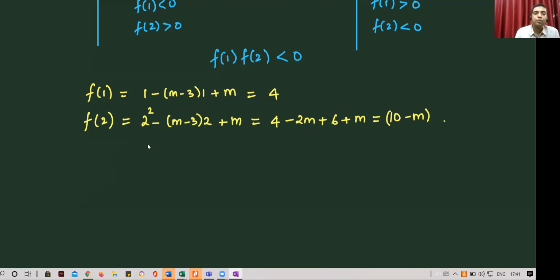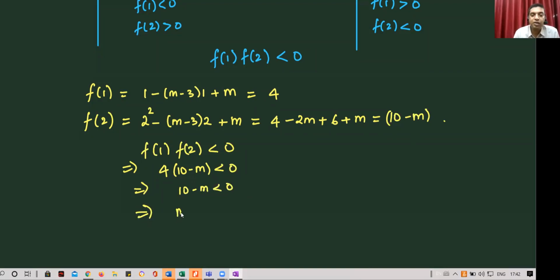So product of roots is negative. Sorry, not product of roots. Product of these two values is negative. So you get 4 into (10 minus m) is negative, which implies, 4 you can remove because it's a positive number, 10 minus m is negative.